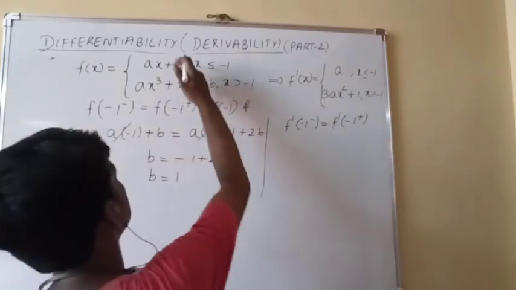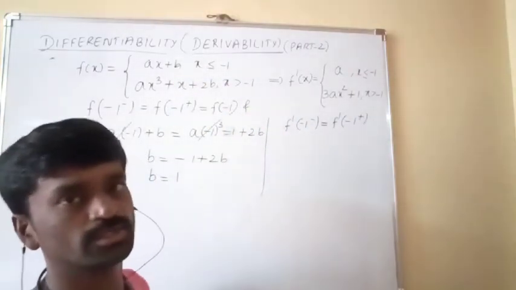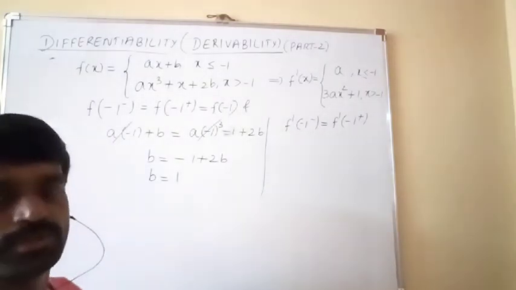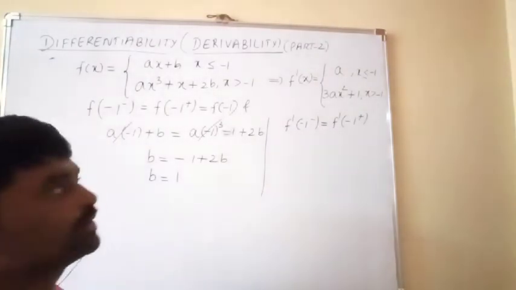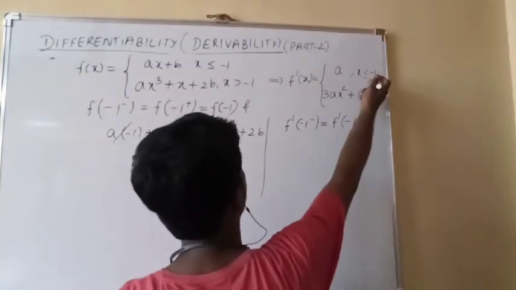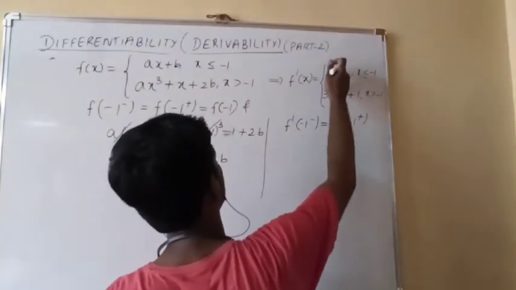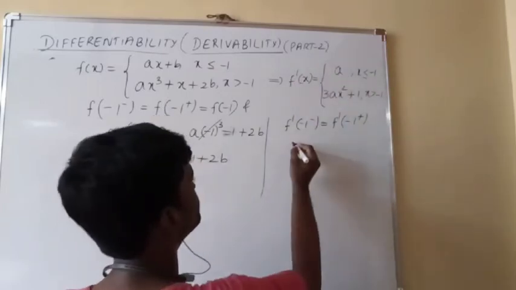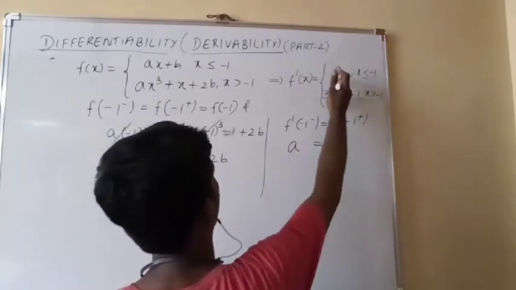So I'm differentiating piecewise instead of using the definition limit x tends to a, f of x minus f of a by x minus a. To get the left hand derivative at minus 1, just put minus 1 in f dash x. What you will get? a, because there is no x.